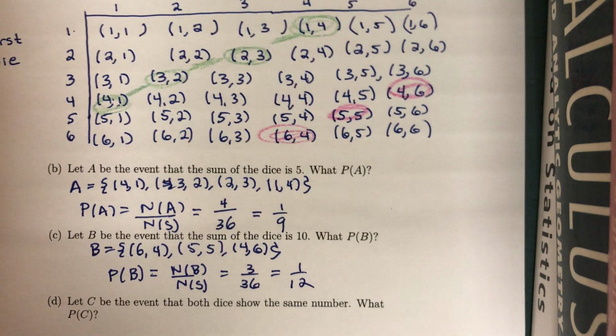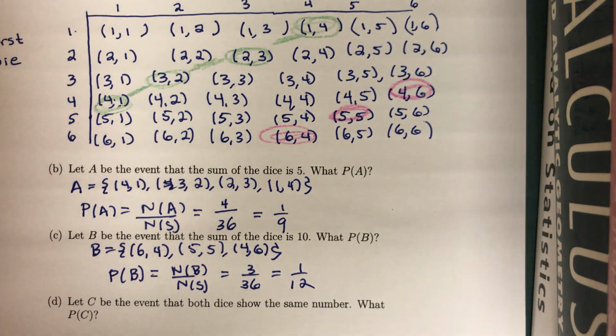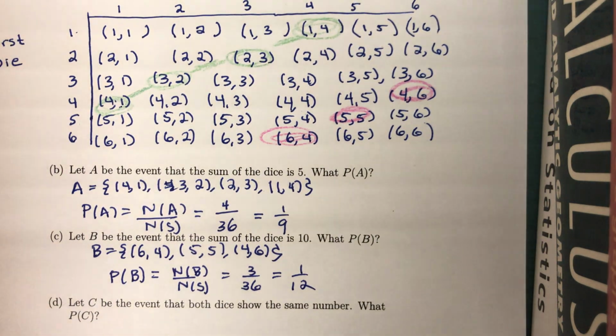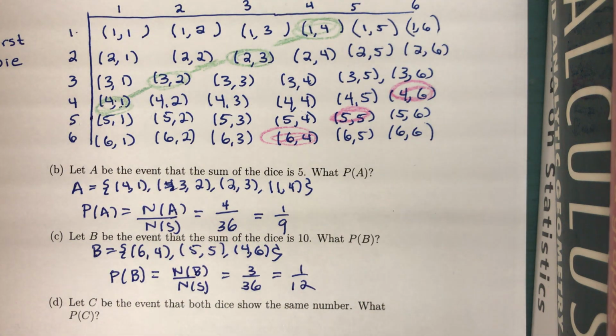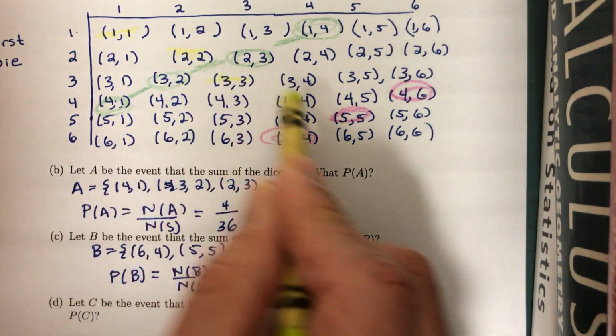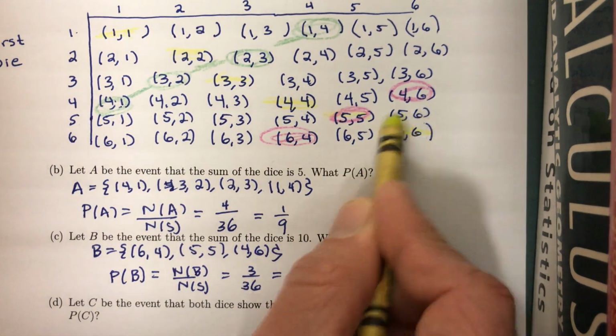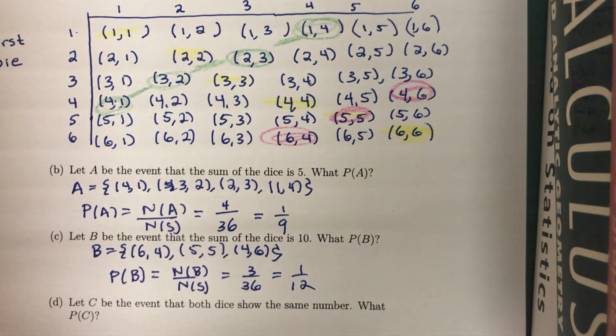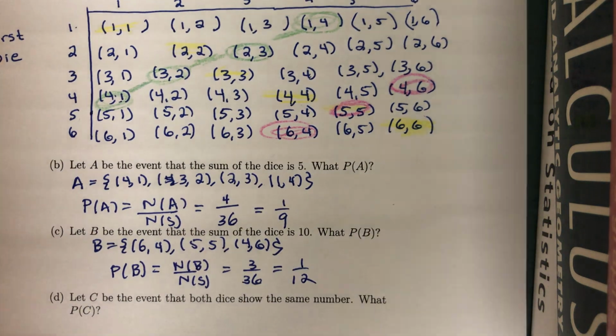Now, next one, let C be the event that both dice show the same number. Color that in with another diagonal, but that diagonal goes in a different direction. All right. So let's list that.